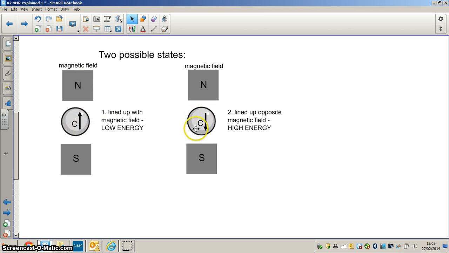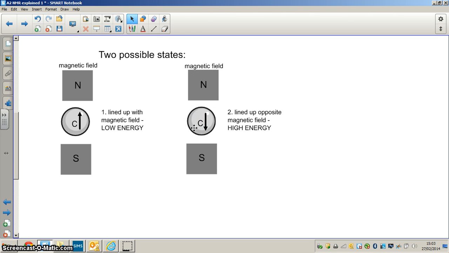Whereas in the other case, this carbon atom is spinning in the opposite direction, so its magnetic field is in the opposite direction, it's against the magnetic field. So in this case, this atom is at a higher energy because the magnetic fields don't align.